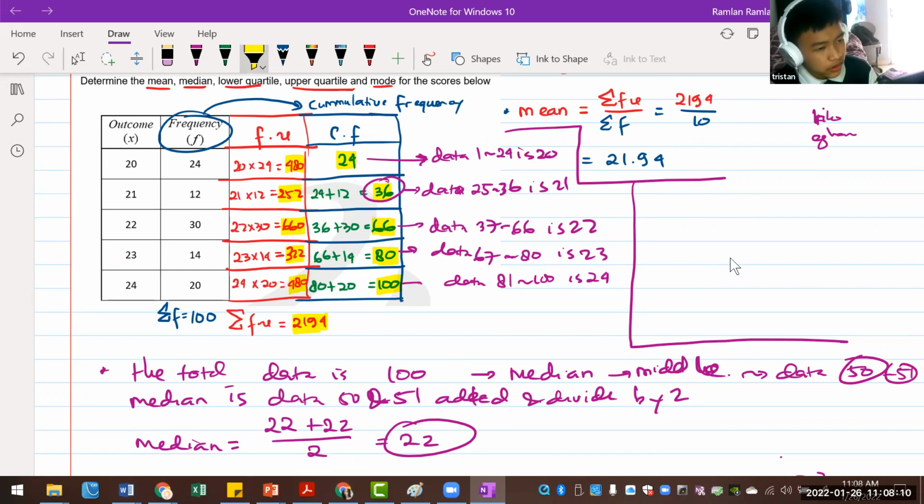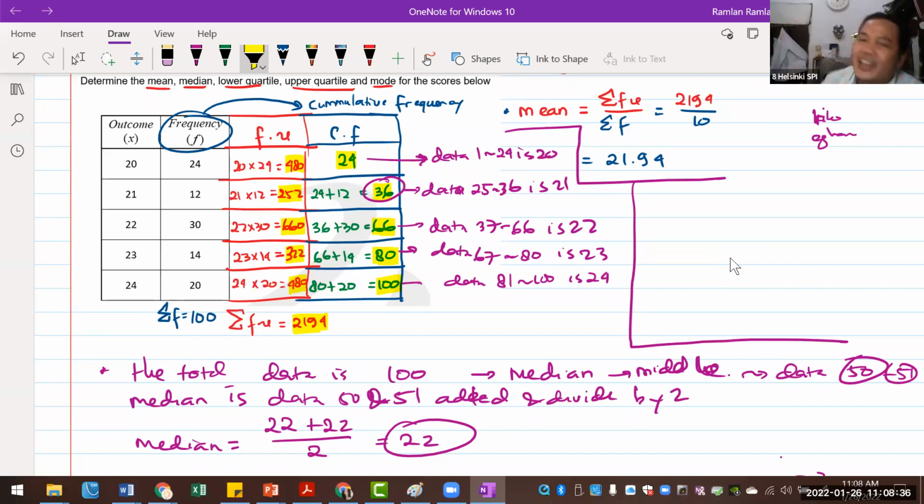Tunggu sebentar. Ya, saya tunggu. Wait Pak, gimana sih cara? Aku lupa lagi, Pak. Gimana? Oke. Help me, aku lupa lagi.